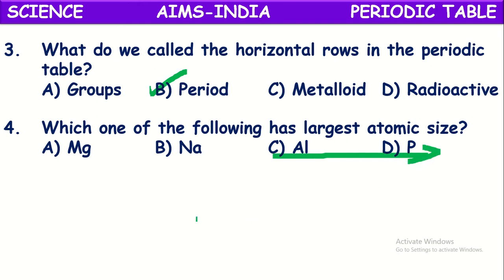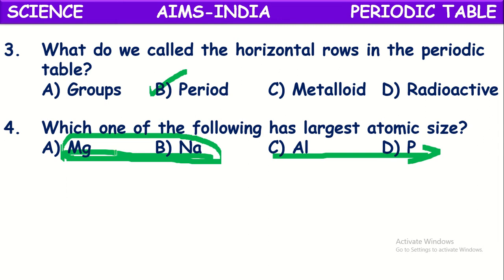We know in the periodic table from left to right, size decreases for the elements. So right side elements have smaller size than left side elements. Now these two will be having the greater size, and between these two we have to compare.